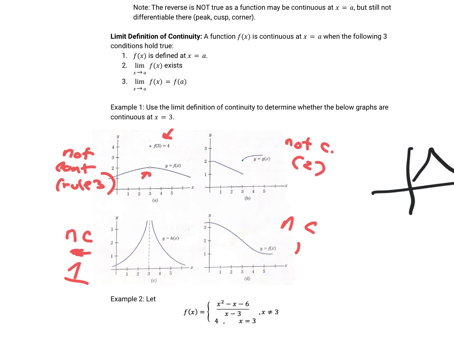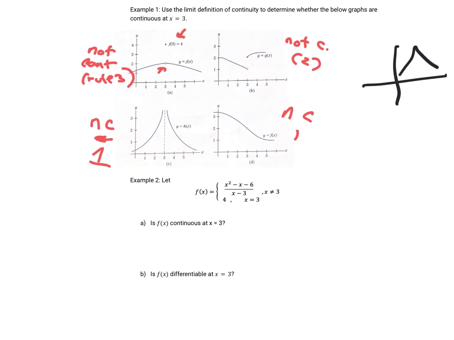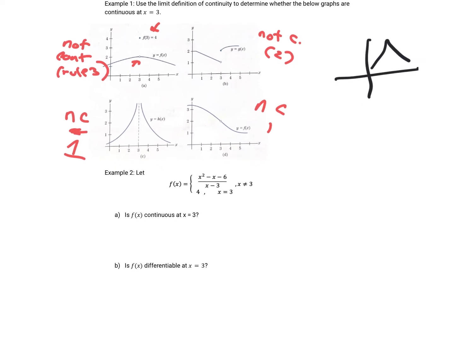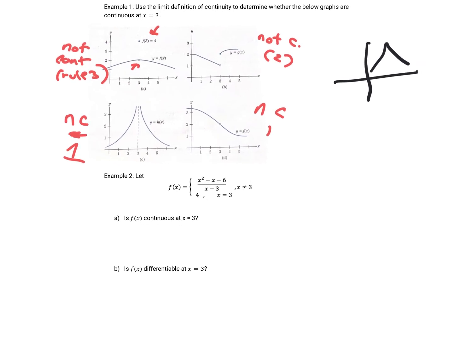Let's do a different type of problem. Is f of x continuous at x equals 3? To figure this out, this is a piecewise function, and for x not equal to 3, the graph is going to be on x squared minus x minus 6 over x minus 3. You may be thinking, how am I supposed to graph that? I'm betting there's a common term and we'll be able to cancel something out.